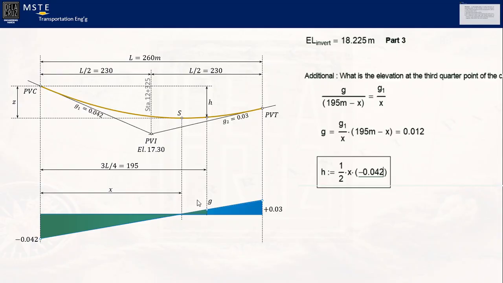Okay? Now, the area of this green portion in the upper portion, we add 1/2 of what would be the distance? 195 meters minus X. Okay? This portion here. Multiplied by the G, which we calculated, that one. Let's put 0.12. Okay?